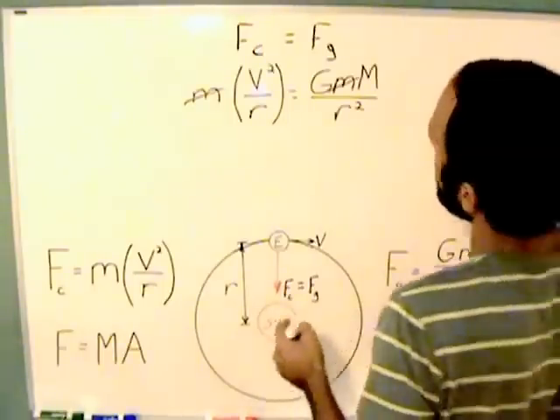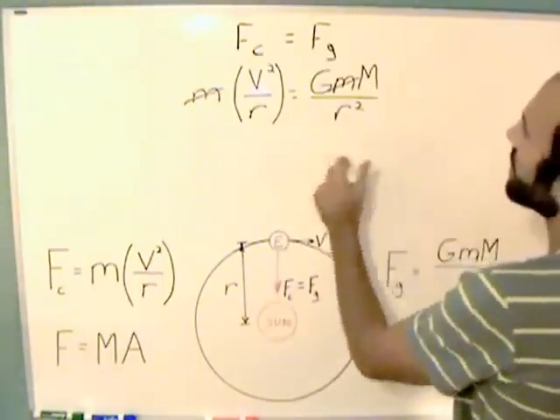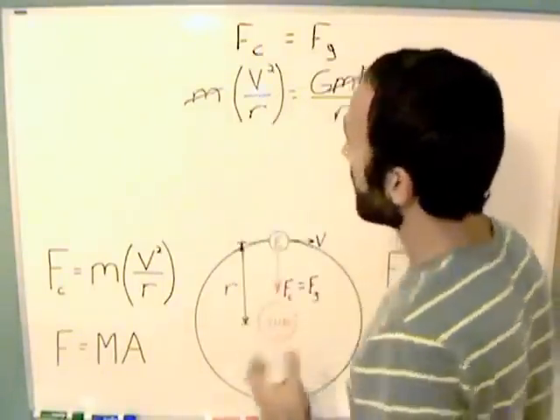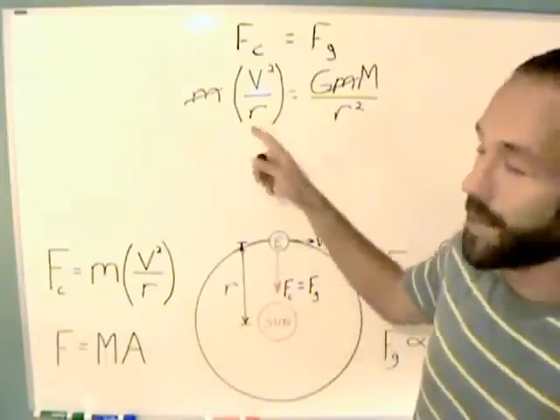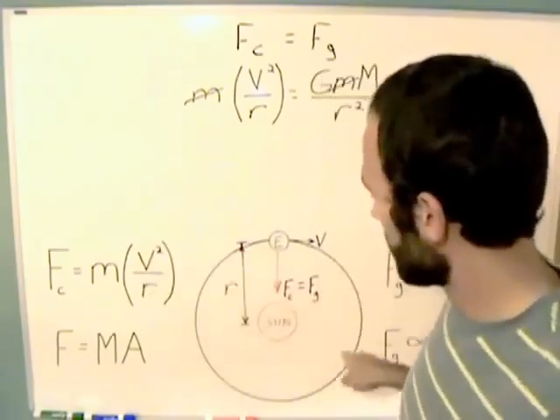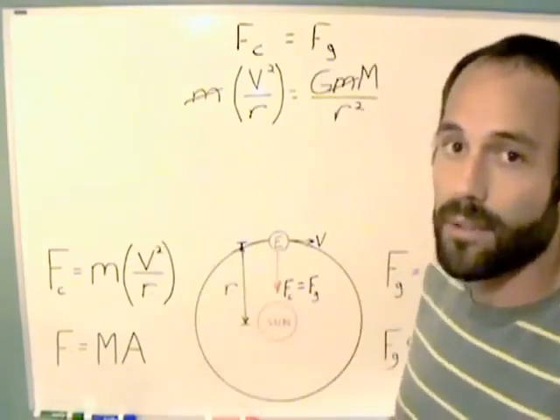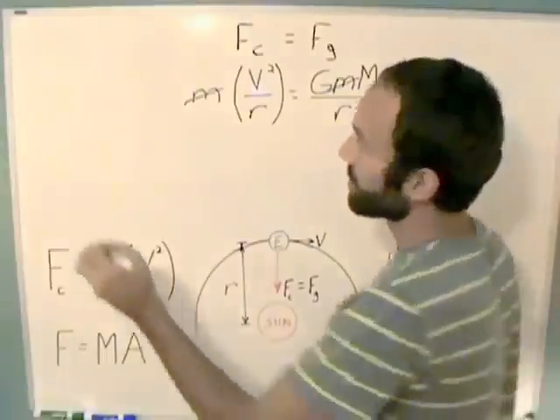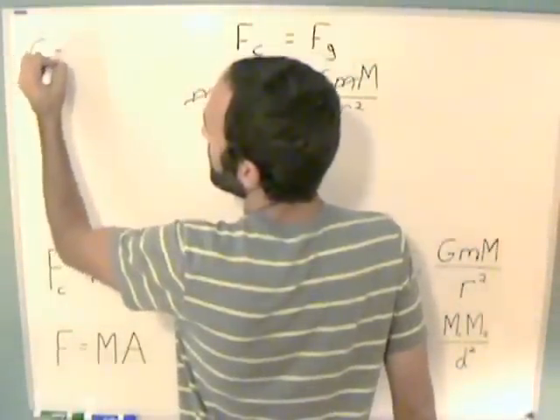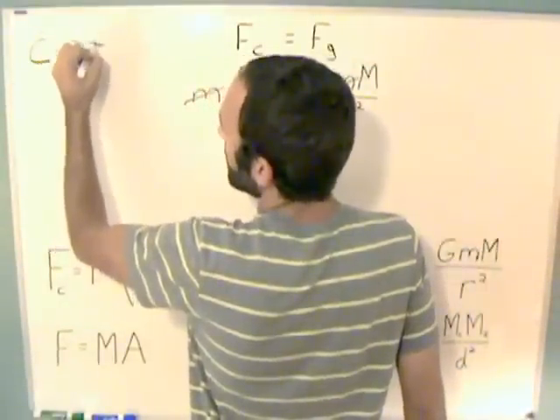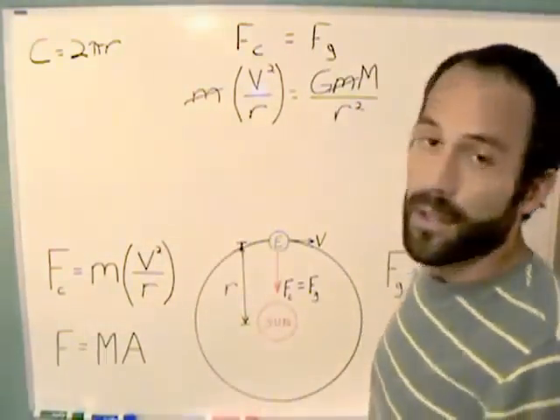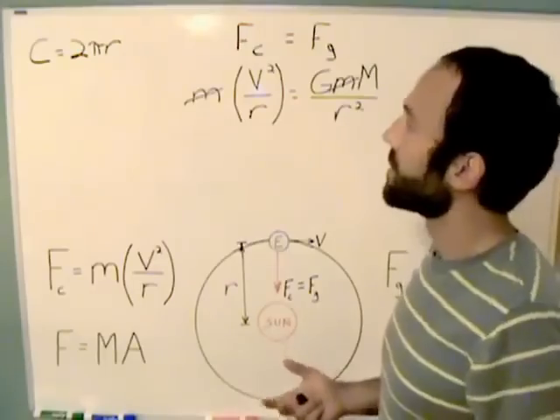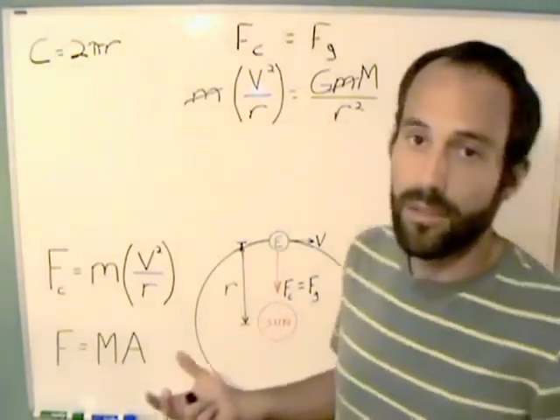So now you have the mass of the Sun, and you've got the velocity of the Earth, which you know because you know the radius, and you can calculate the circumference of the circle, or the distance it travels around the Sun, which is equal to 2 pi r. So they already knew the distance, so they can figure out the velocity, because velocity is really distance over time.